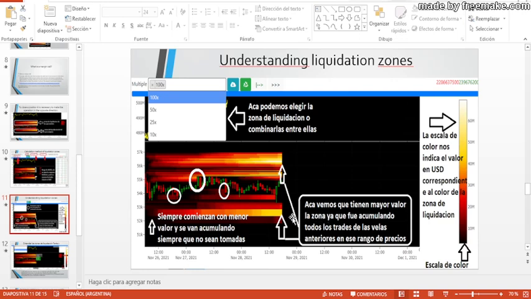So this liquidation zone has more value because it has accumulated value from the past candles in that range of price.